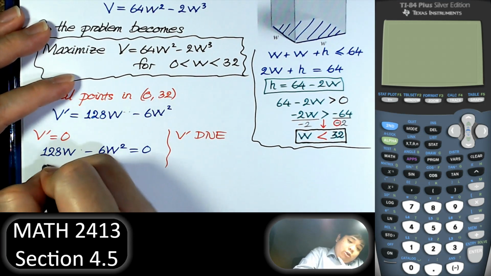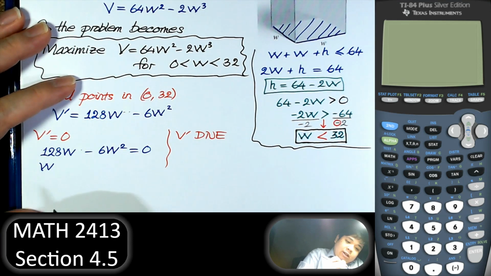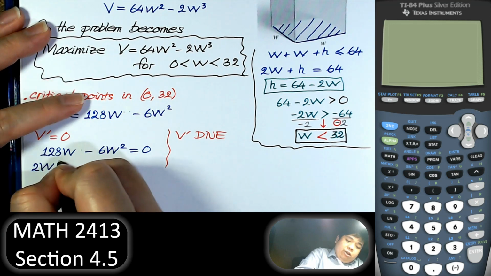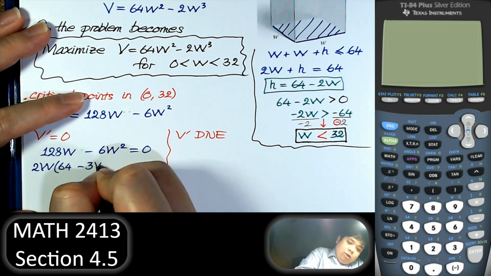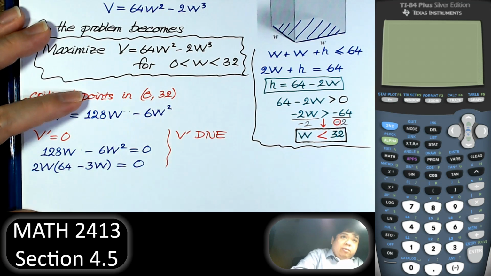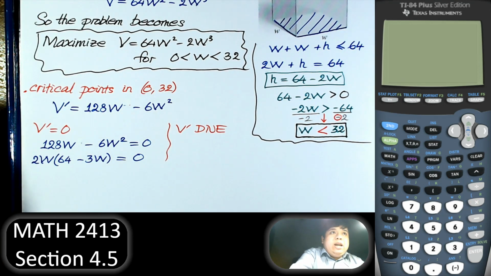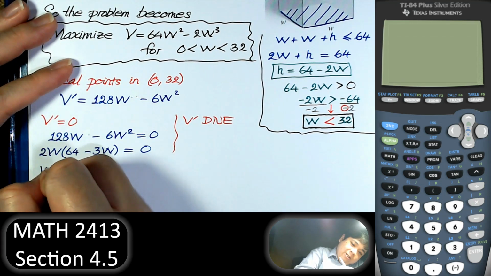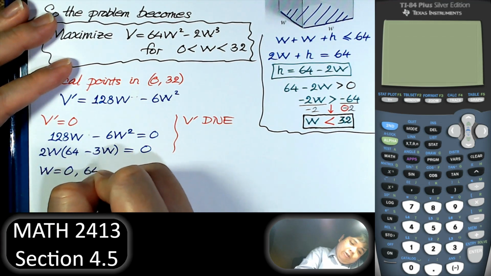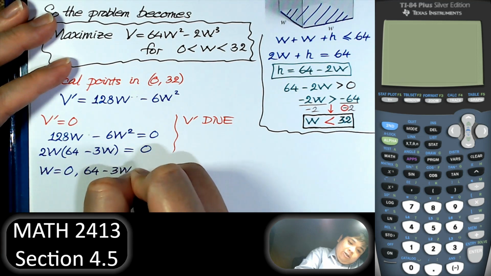Right, factor out the w, actually 2w, and then we have 64 minus 3w equal to 0. So in this case, either w equal to 0, or 64 minus 3w equal to 0.